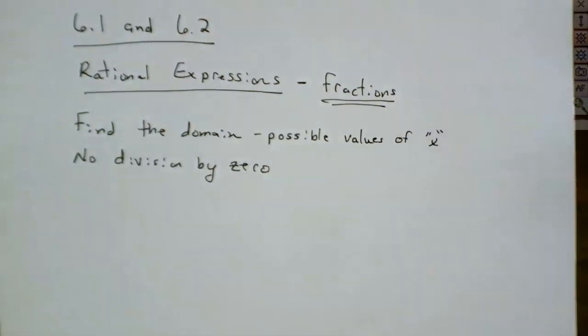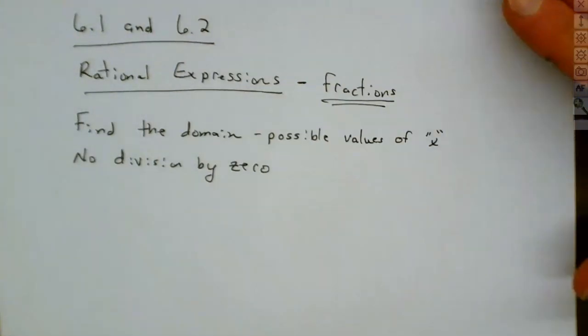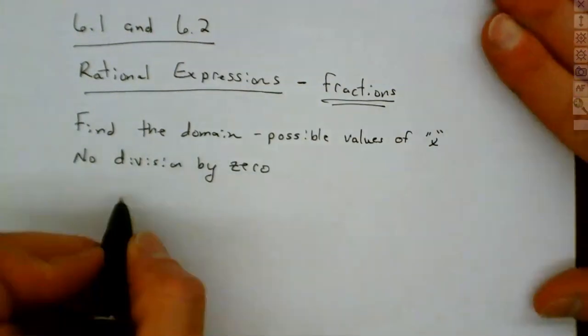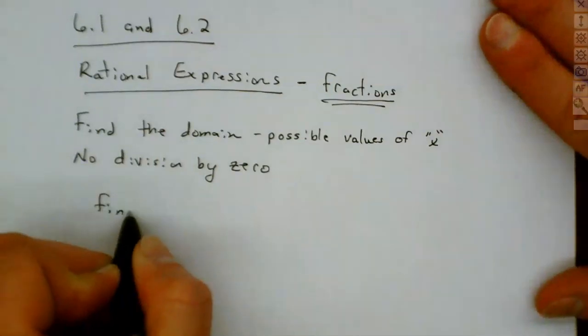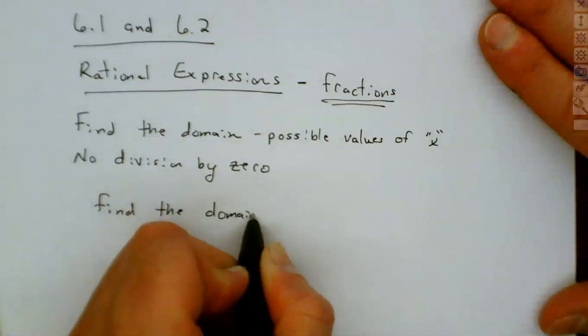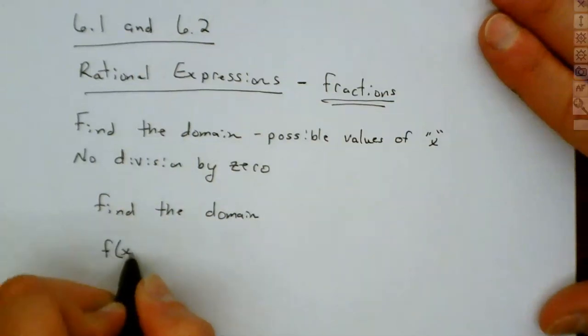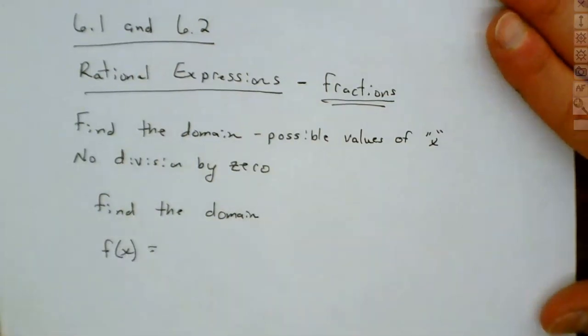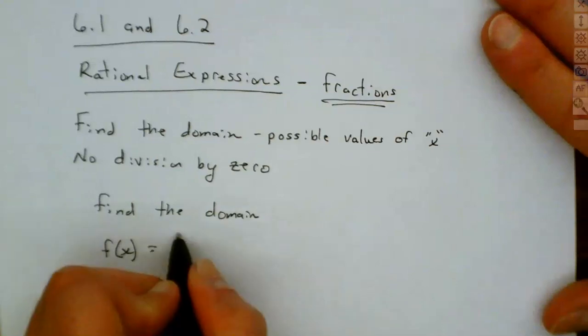So we have to first figure out what numbers are possible solutions. What numbers can exist. And we do that by setting our denominator to 0. We'll start off with an easier one. Then we'll look at some that require us to factor.